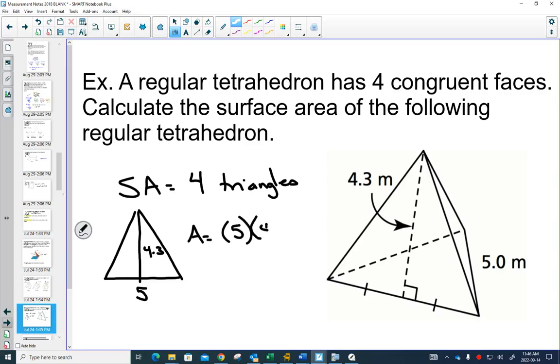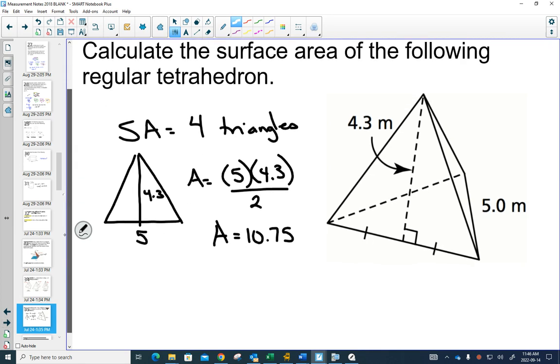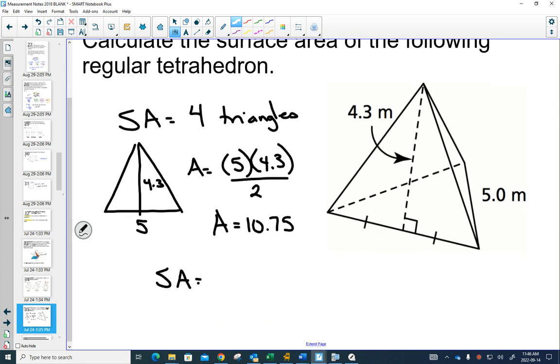Base times height divided by 2. Figure out what one of those is. Is that 10.75? And then the total surface area would be 4 of those.